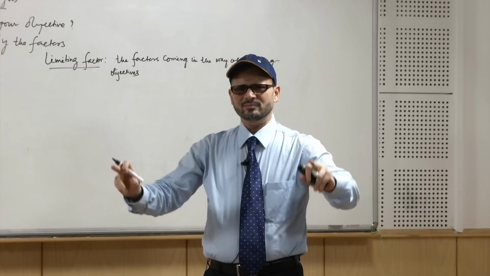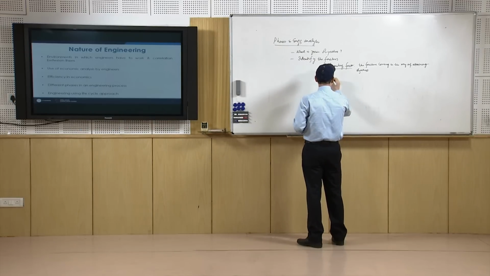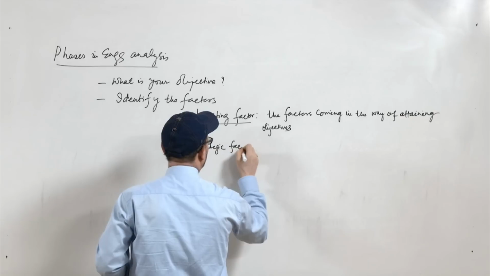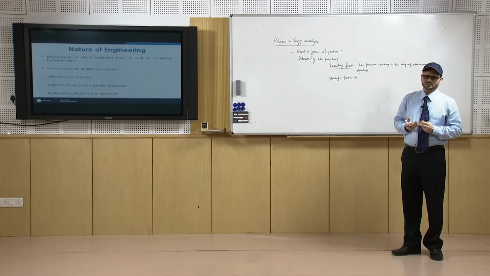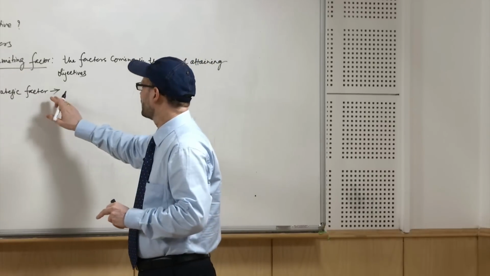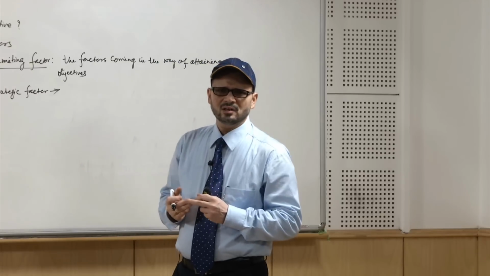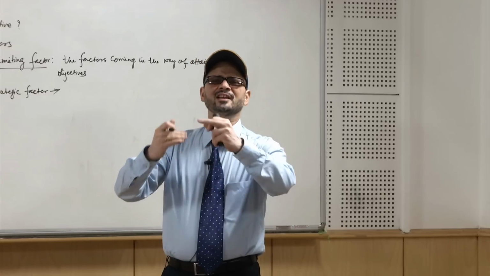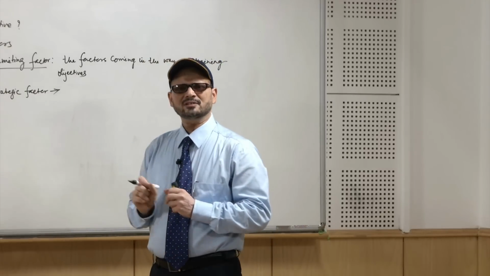Once you have located the limiting factor, then the factor on which you can work so that you can overcome this is known as a strategic factor. So, basically this factor can be altered. Those factors which can be altered so that you get the desired objective are known as strategic factors.